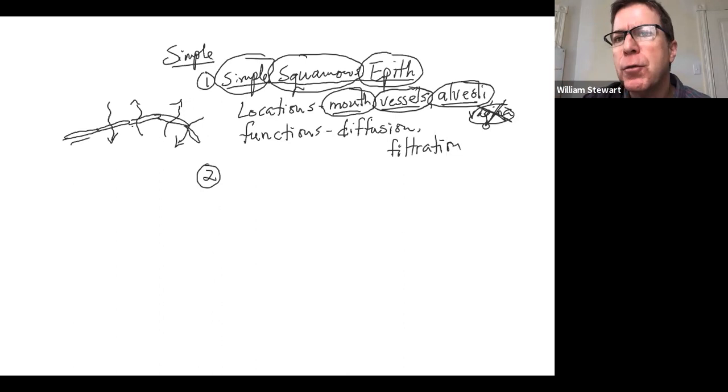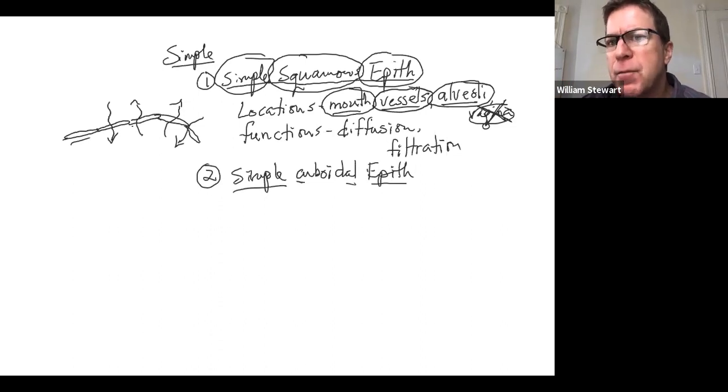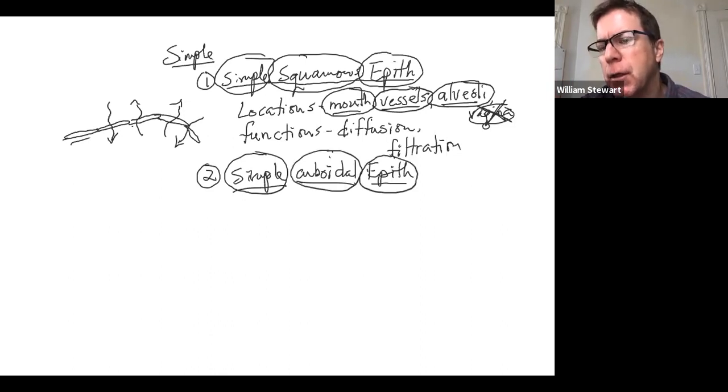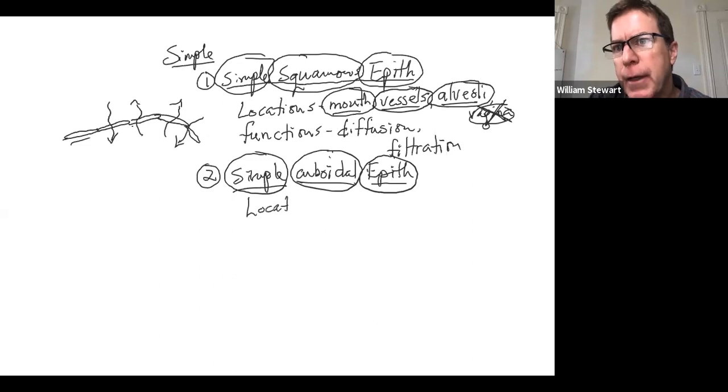Let's go to number 2, simple cuboidal epithelium. This means a single layer of cube-shaped cells that lines a surface or covers a surface. We find this stuff typically in the thyroid gland.